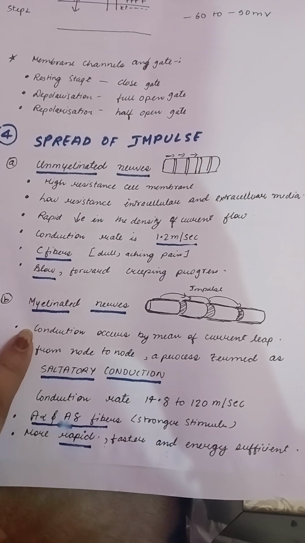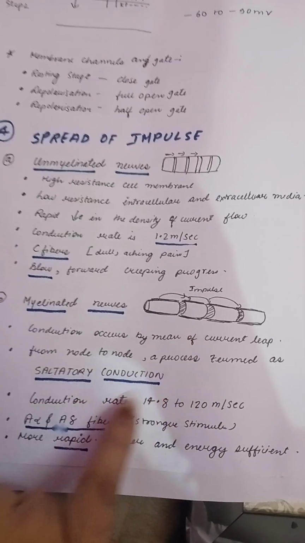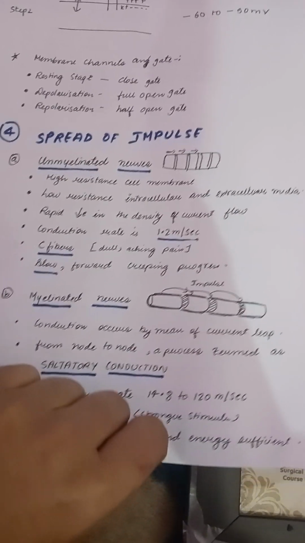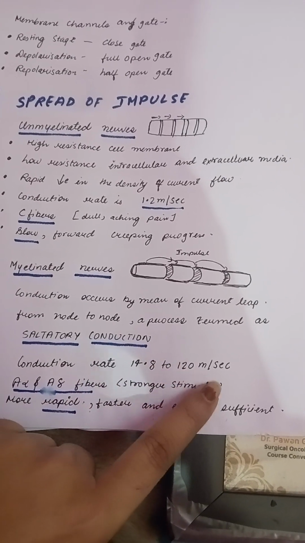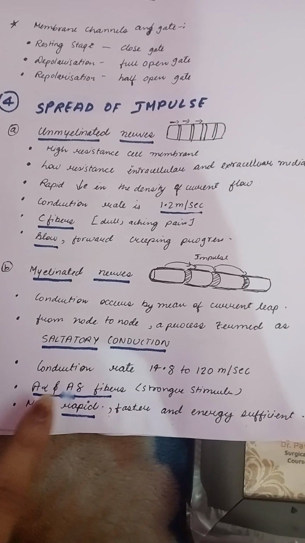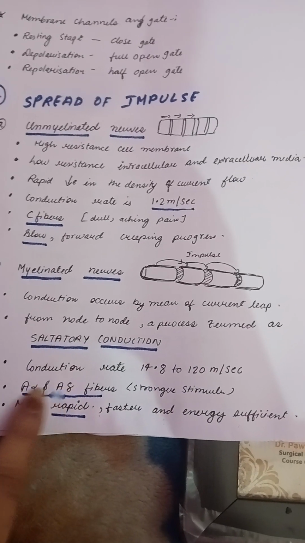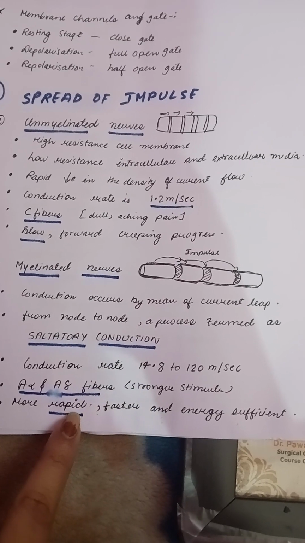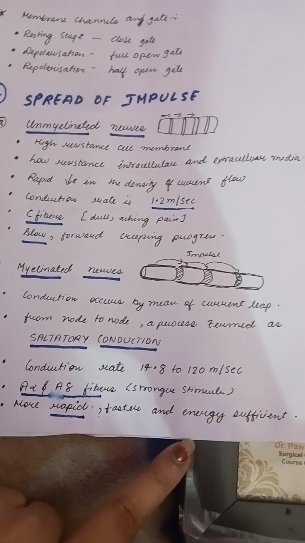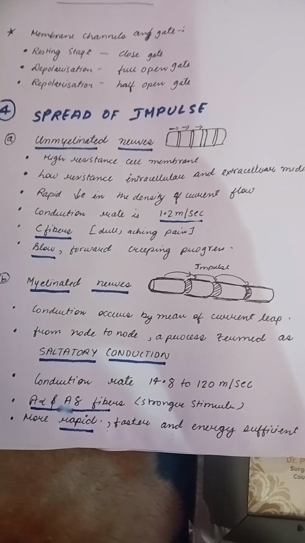The conduction rate is 14.8 to 120 meter per second. It is seen in A delta and A alpha fibers and with stronger stimuli, and it is more rapid, fast and energy sufficient. This is how the impulse is spread.